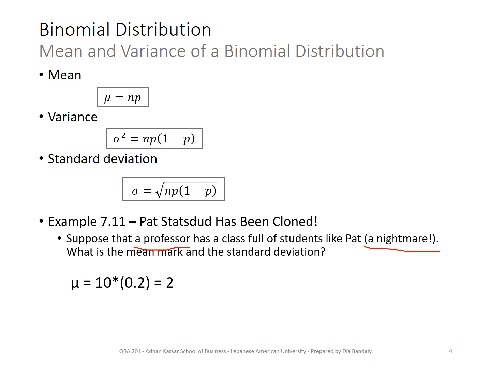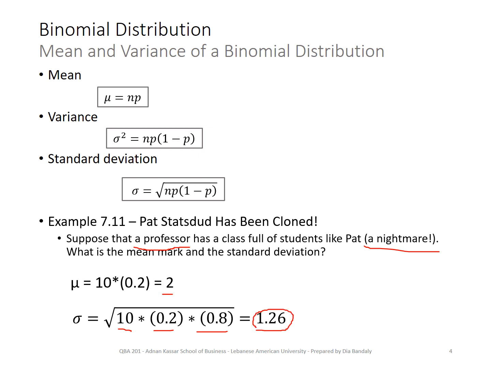Of course, it's a very low average, but this is very expected knowing that everyone follows the same strategy as Mr. Pat. And the standard deviation we get by simply applying the formula where n is 10, p is 0.2, and 1 minus p is 0.8, and we take the square root of the whole thing, and it will be 1.26.